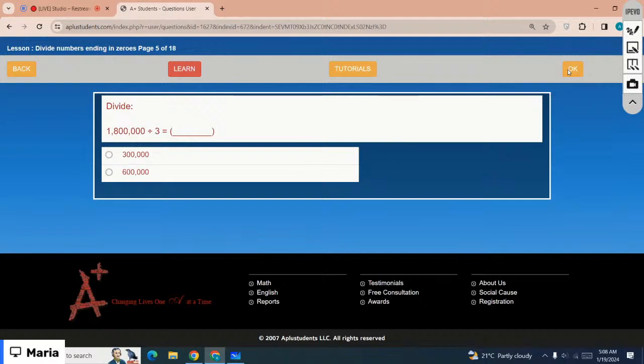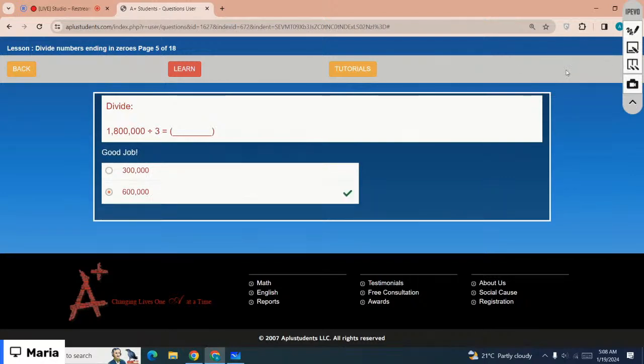One million 800,000 divided by 3. Which is the correct option? Yes, the correct option is 600,000. Very good.